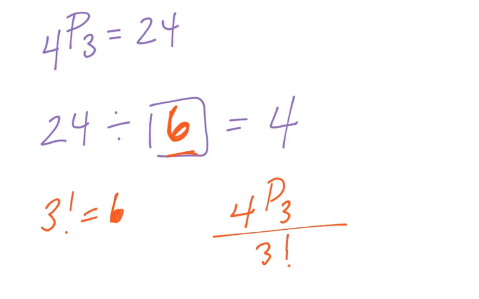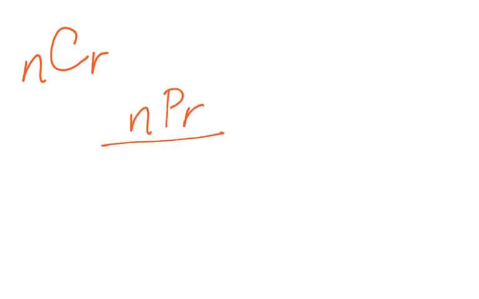In general, we would look at n choose r, or the combination of r, but I like to say n choose r. We can think of it as the permutation divided by the duplicates, which would be r factorial.